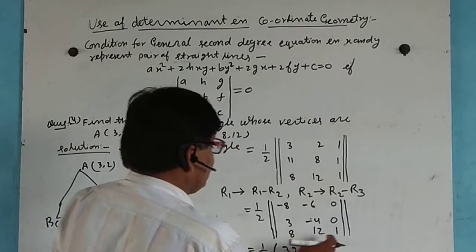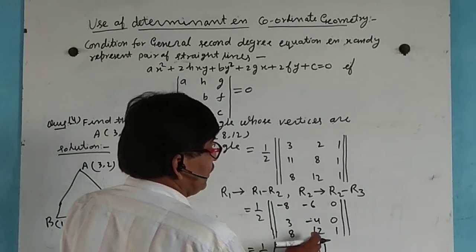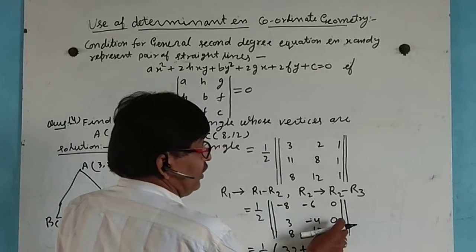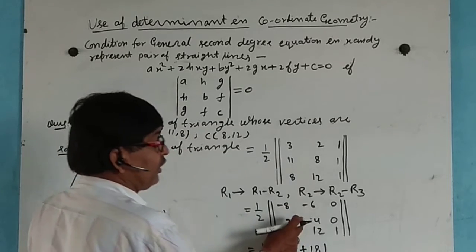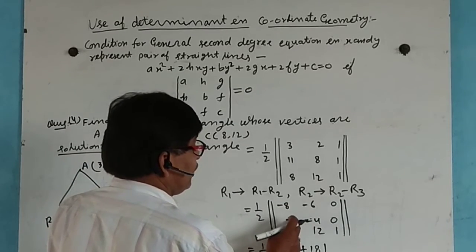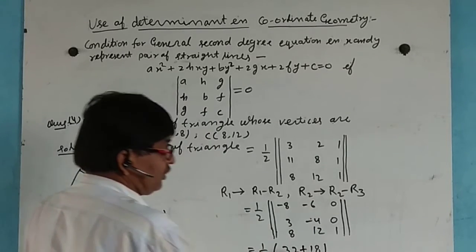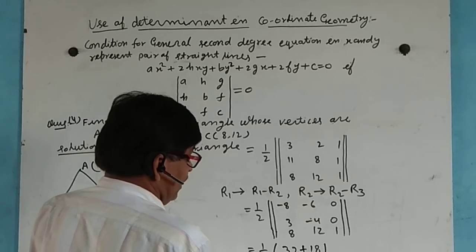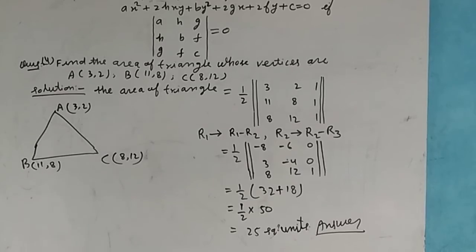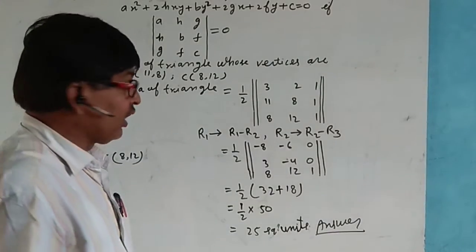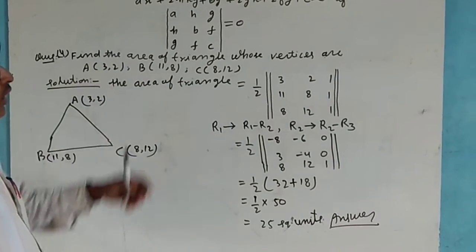Expanding along the third column with alternating signs, we get 32 plus 18, which is 50, and half of it is 25 square units. This is the area of the triangle whose vertices are A, B and C.